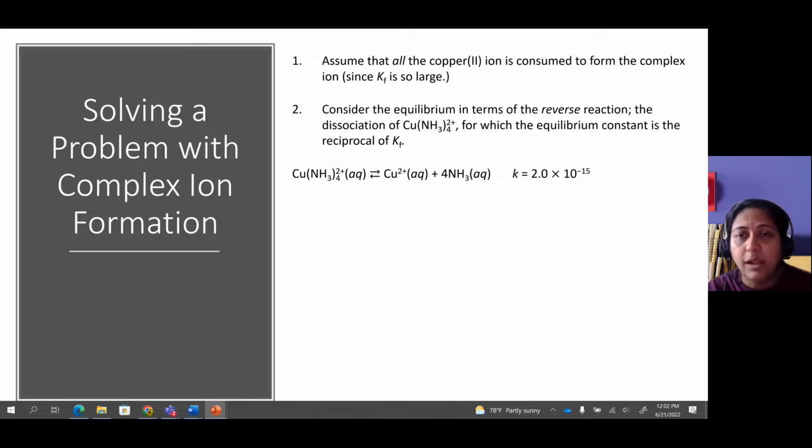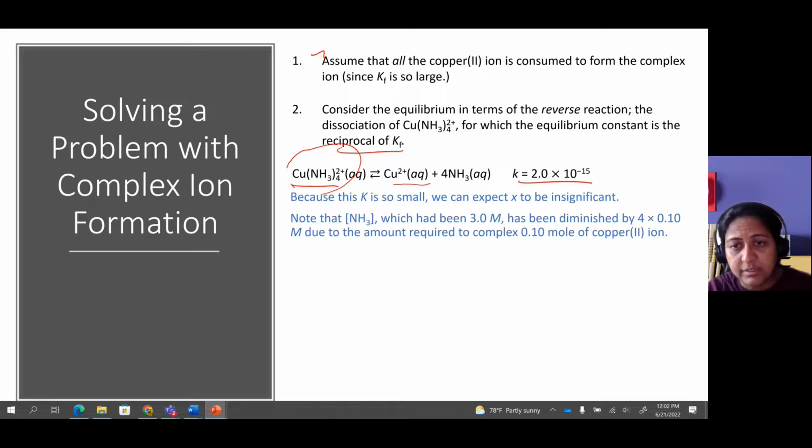Let's see how we can solve a problem with the complex ion formation. Right. So we consider the formation of this complex, but here is the equilibrium constant we are given. This is actually the opposite, the dissociation of the complex ion, so it is the reciprocal of the formation constant.